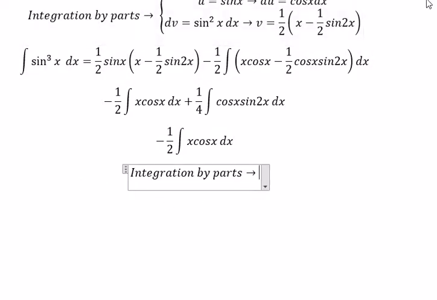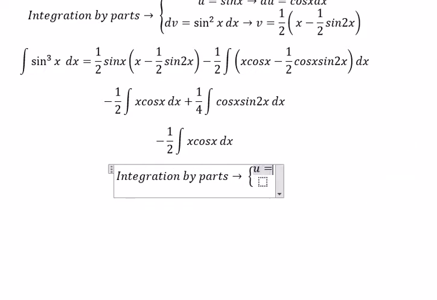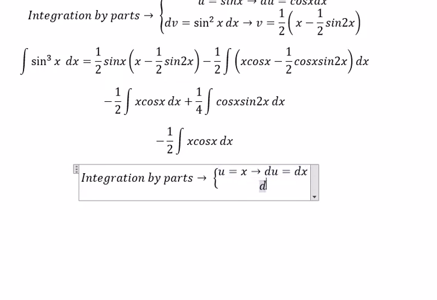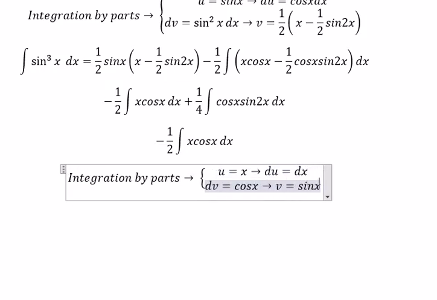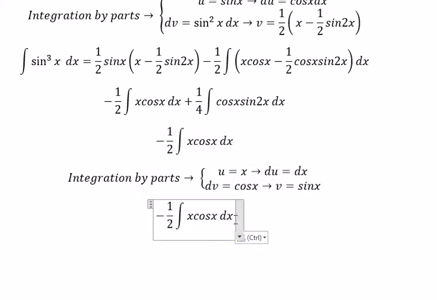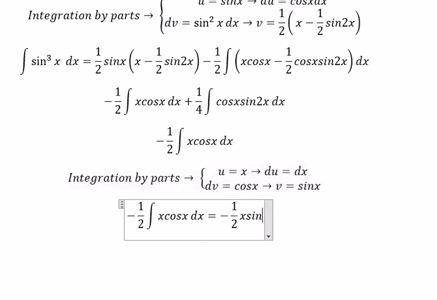So we have u and dv. u equals s, du equals ds, dv we got cosine s. So we got v equals sine s. So we got negative 1 over 2 u multiplied with v, so you get s sine s.